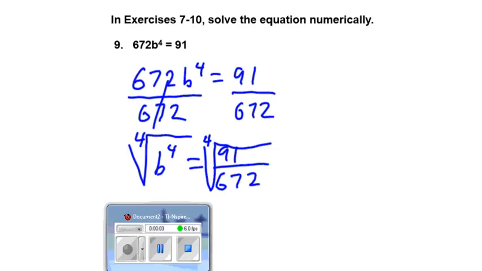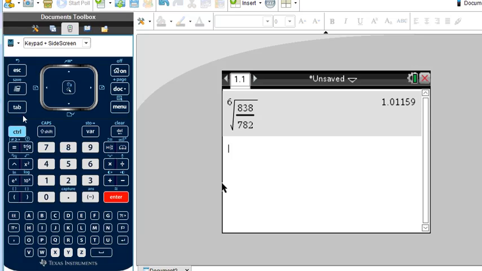So we go to our calculator again, put a 4th root here, make a fraction. We have 91 over 672. And we should get a number of less than 1 for this.